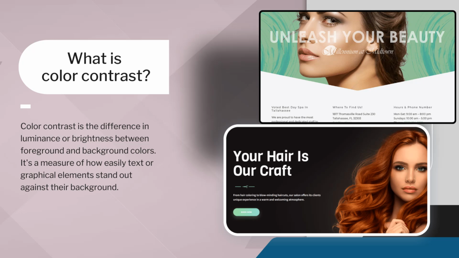But this bottom example here, yes, the text is in white with a black background, but this page would fail because the button does not have enough color contrast. It's a light green with white text on it. So that site would fail too. So both of these pages here would fail a color contrast audit for accessibility.